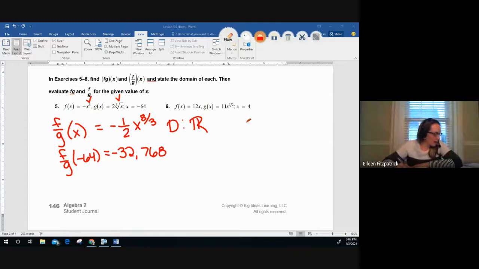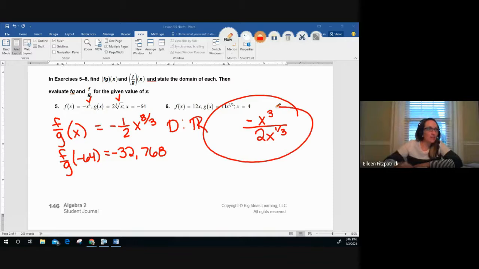At the very beginning of the problem, I had negative x to the third over 2x to the 1/3. This is actually where you also need to check. Remember what I said, the denominator cannot be 0. So if you plugged a 0 in for the x here, the denominator would be a 0 and the function would not work. So you actually have to look at how the problem is originally set up, that first step.